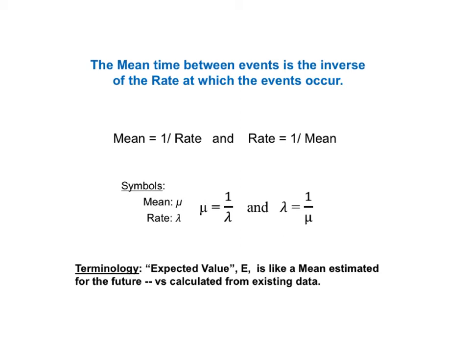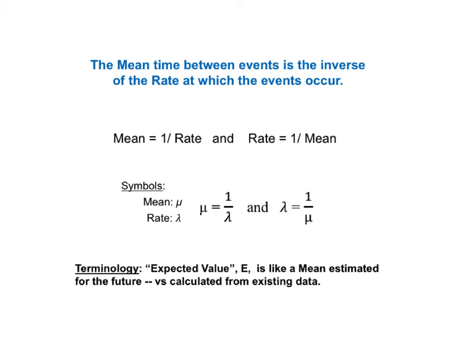Here's a note on terminology. Expected value, E, is a term used almost synonymously with mean in this context. In our shop closing time example earlier, we started with a known value for the mean interval, 15 minutes, and then we calculated a value for the rate.